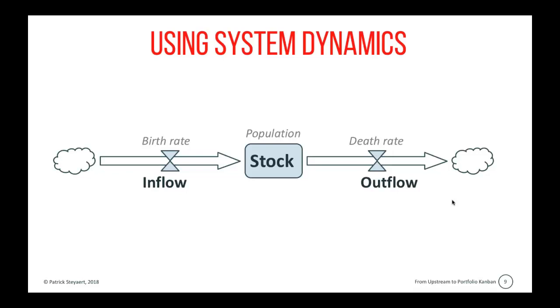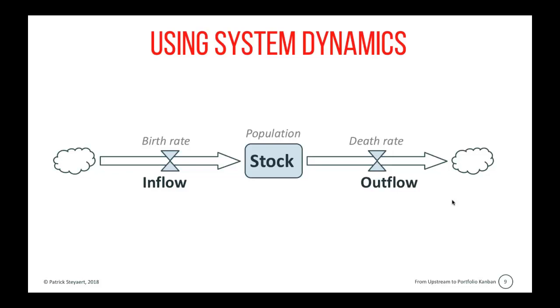So that will increase our birth rate. And that keeps on growing exponentially, because when our birth rate increases, we have again more population, which again increases our birth rate. So that leads to an exponential behavior of our population.